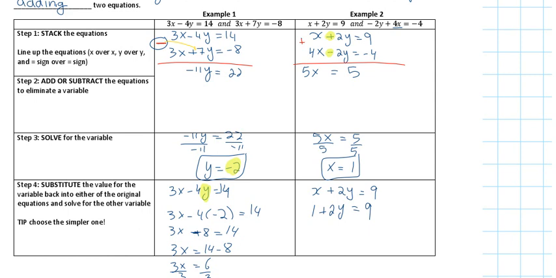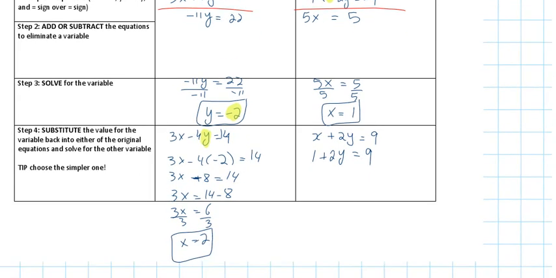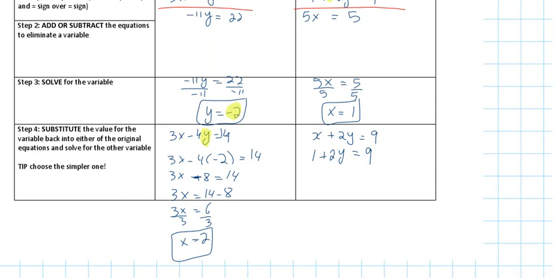Bring the 1 over. What does it become when I bring the 1 over? Negative 1. So it's 2y equals 9 minus 1. So that's 2y equals 8. Then divide by 2 to get the y by itself. So y equals 4.